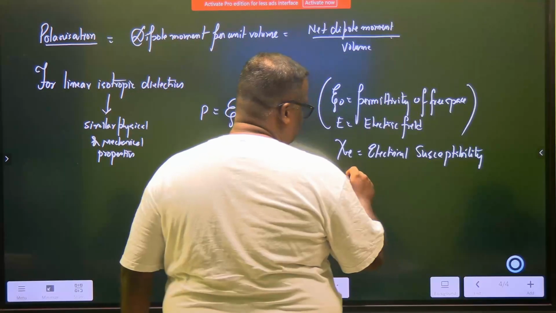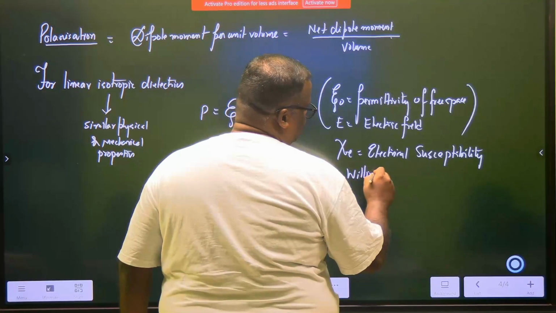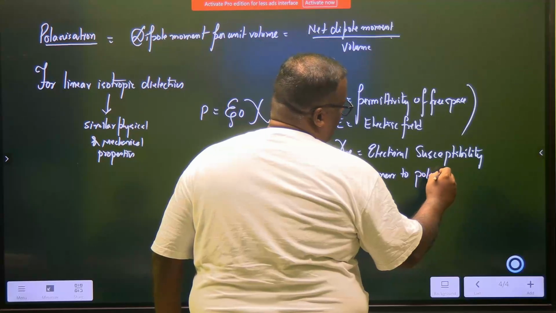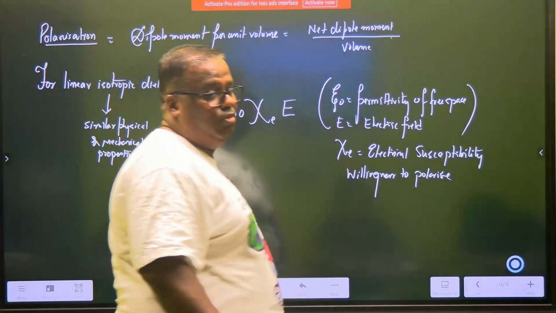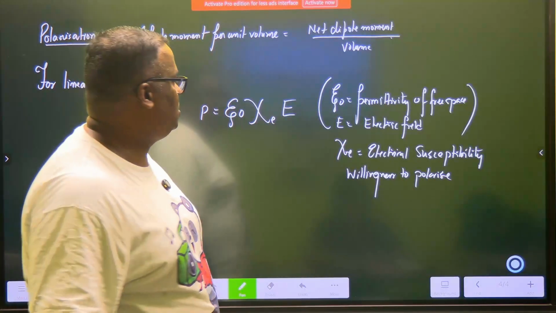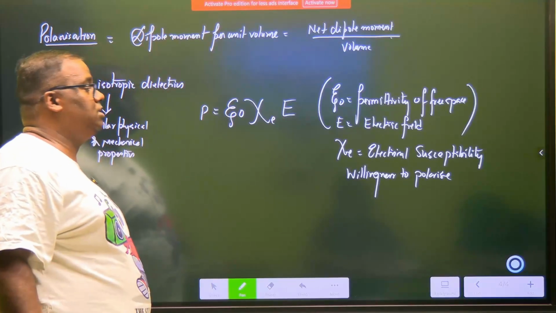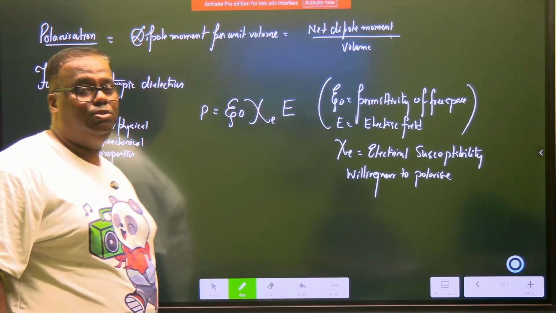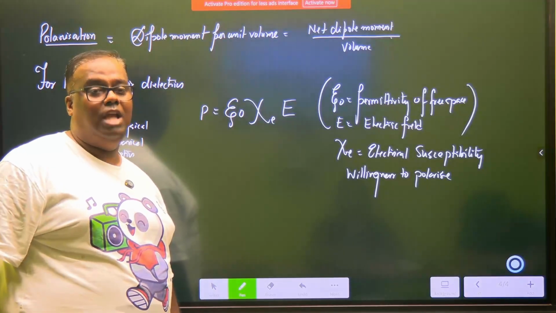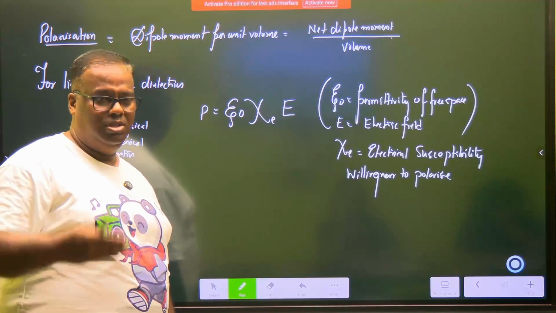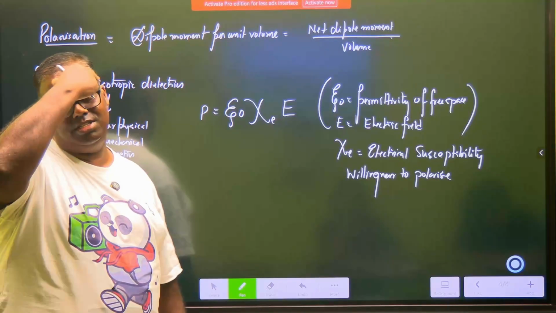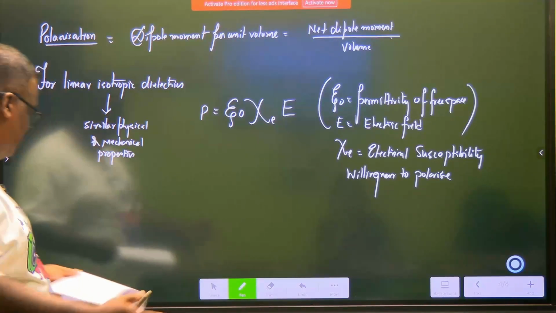In other words, this means willingness to polarize. I can polarize you if my statements or my lectures are very strong, the media allows my lecture to enter your ears, and you yourself are also submissive in front of me, showing willingness to polarize. Only then can I polarize. That's the definition.